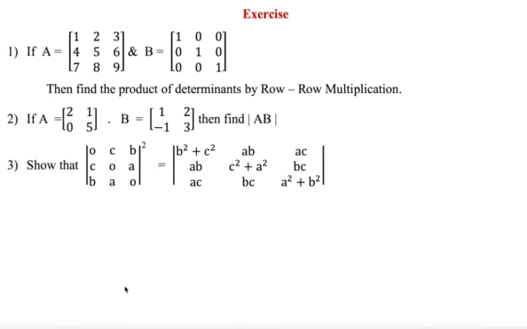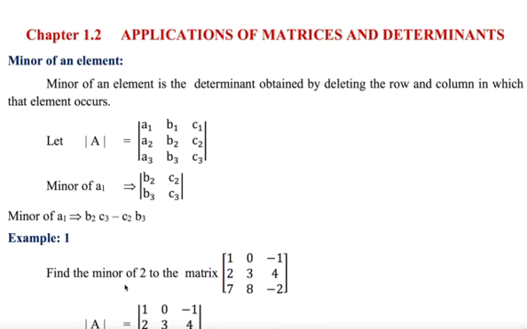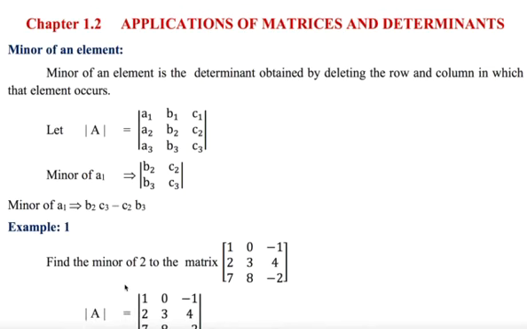So that z squared equals that, and that into c squared plus b squared. Yes, you can show that, not a very great problem. Application of matrices and determinants, chapter 1.2. Fair enough, we'll proceed from here in the next session.